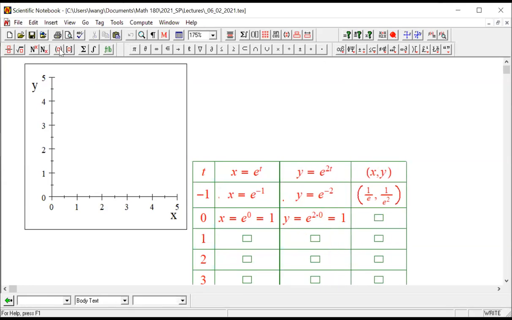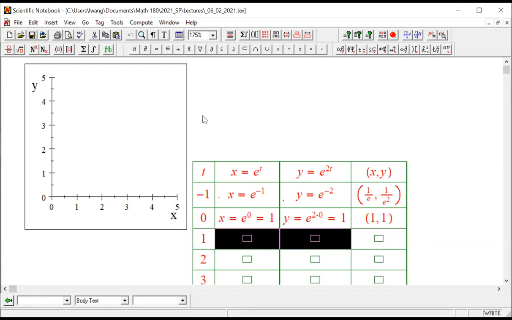So we have a point 1, 1. And the next point is e to the power 1, e to the power 2. So that's e, e squared.